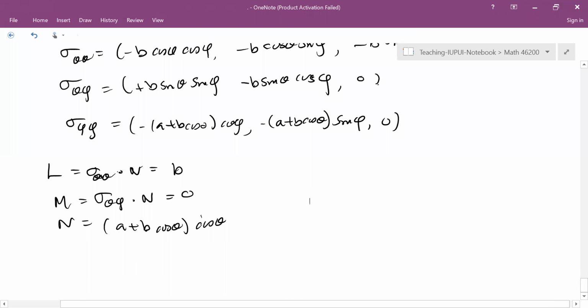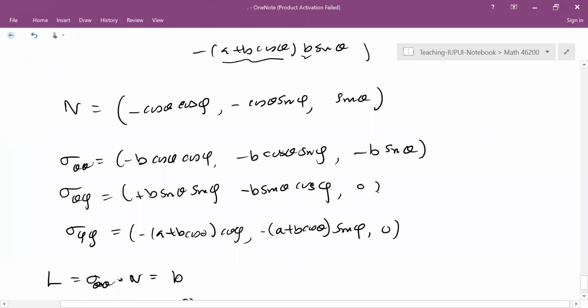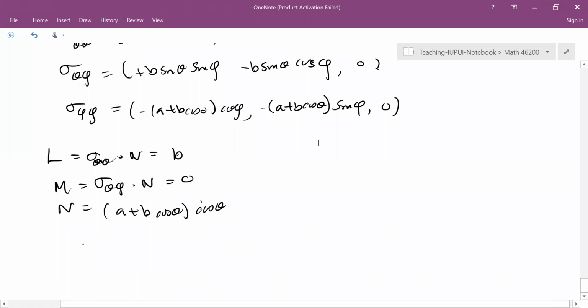Now we find the E and F, G and L, M, and how do you find the eigenvalues? To find the eigenvalues, you have to find the determinant of L minus kE, M minus kF, M minus kF, and N minus kG.